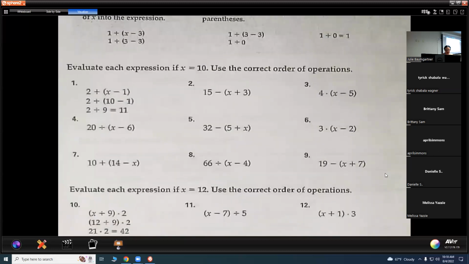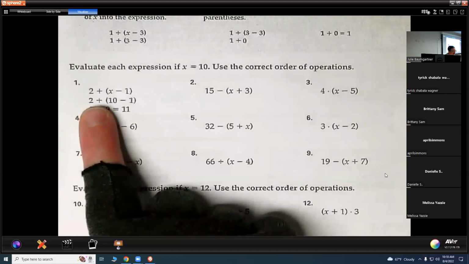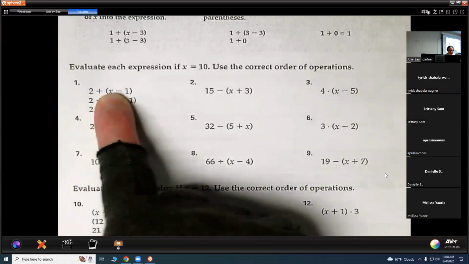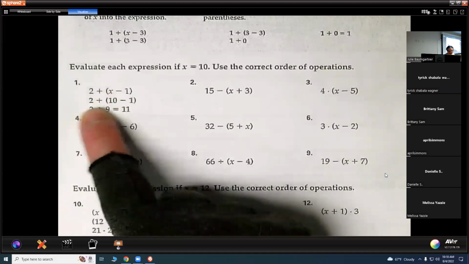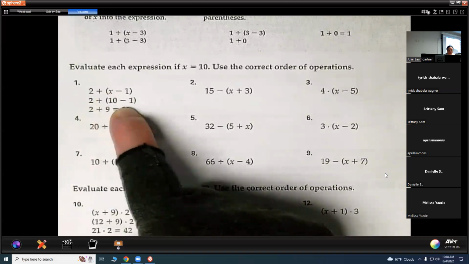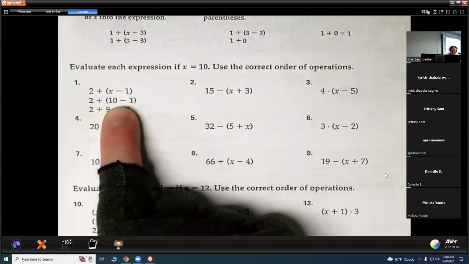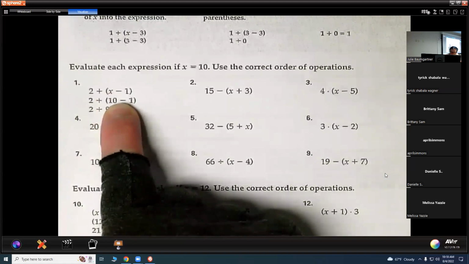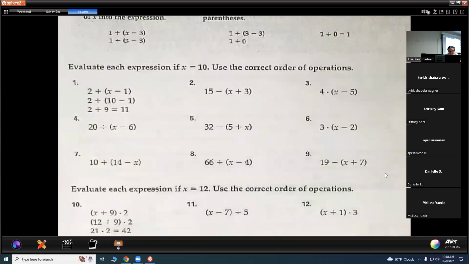So if x equals 10, we look at our expression and plug in a 10 where our x is. Now I have 2 plus the quantity 10 minus 1. Following the order of operations, I work inside my parentheses first. So 10 minus 1 is 9, 2 plus 9 is 11.